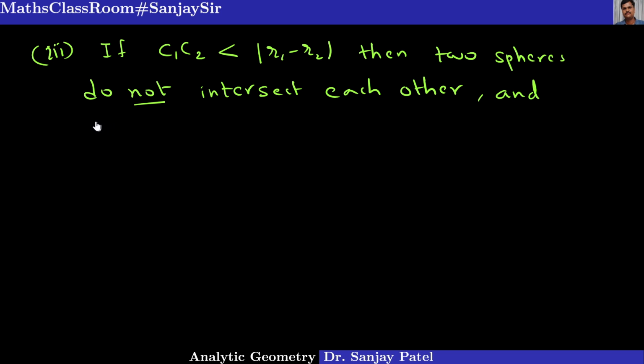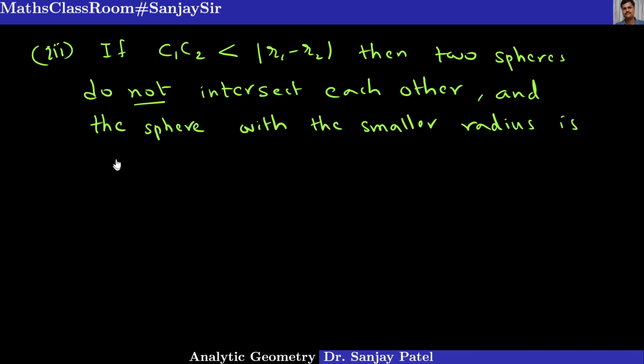So I can say, and the sphere, either S1 or S2, is not fixed. The sphere with the smaller radius is contained in the sphere with the larger radius.